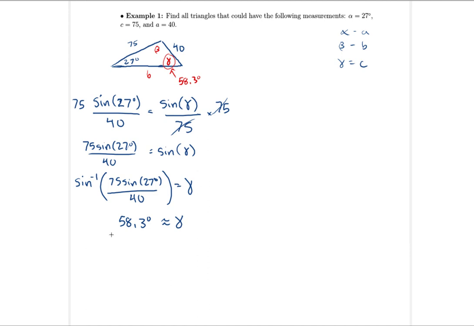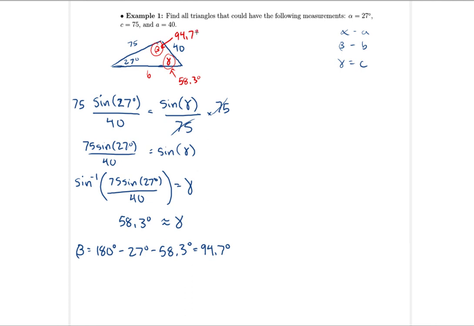So it's pretty easy to find beta by just saying we're going to take 180 degrees minus the 27 degrees minus the 58.3 degrees. And that, of course, gives me 94.7 degrees.